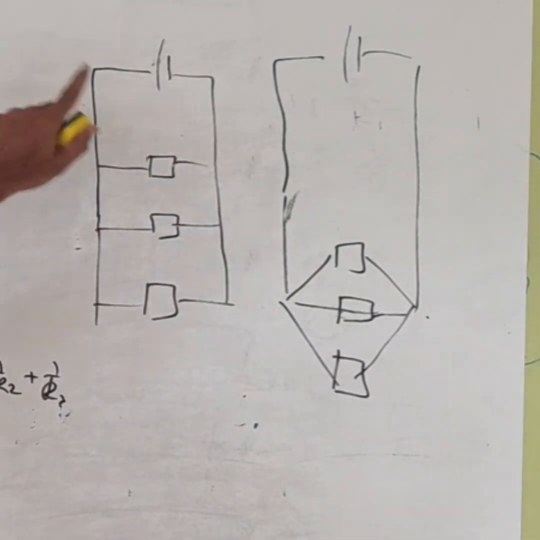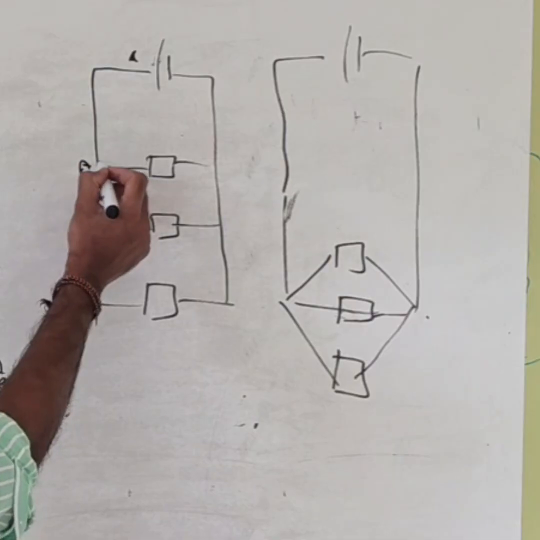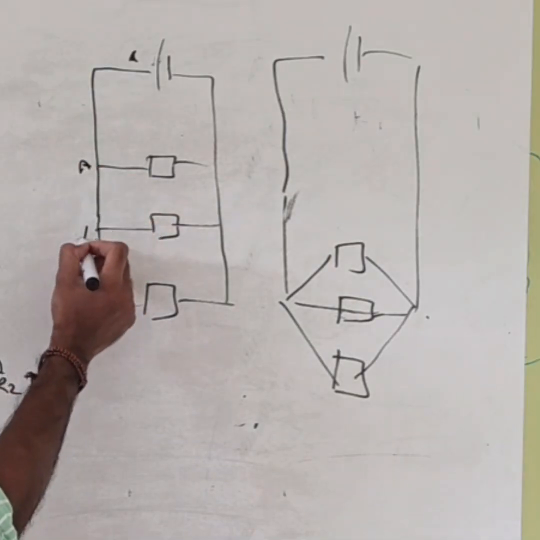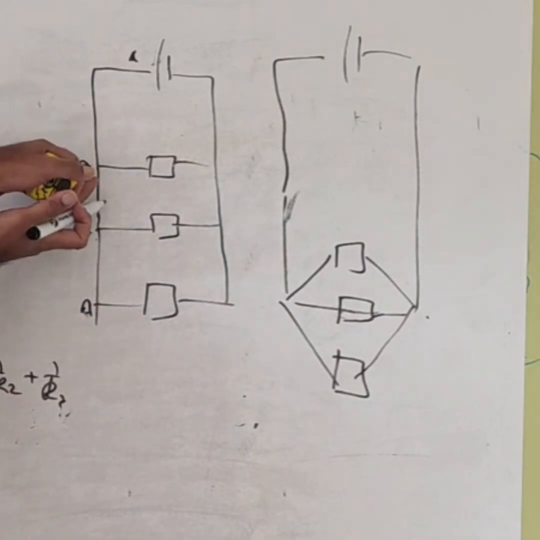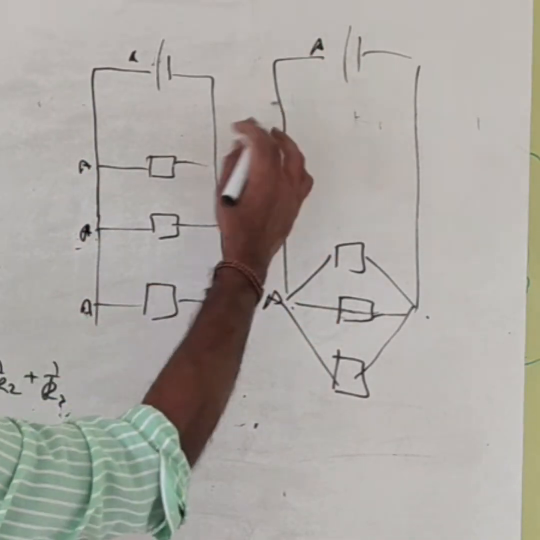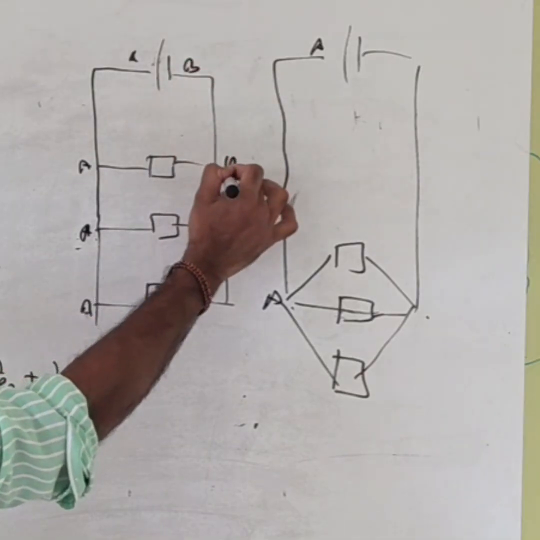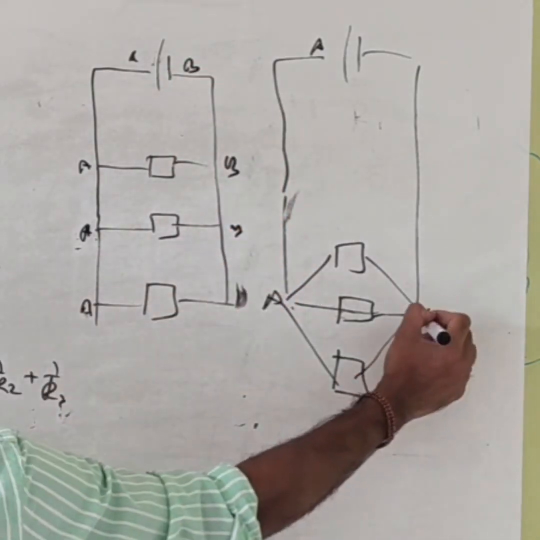This circuit is equivalent to this circuit. We already studied this. If I say this point is A, this point is A, this is A, this is A, this is also A, I connect all of them together to make it here A. Same thing, this is B, B, B, B. I pushed all of them together to make it here.